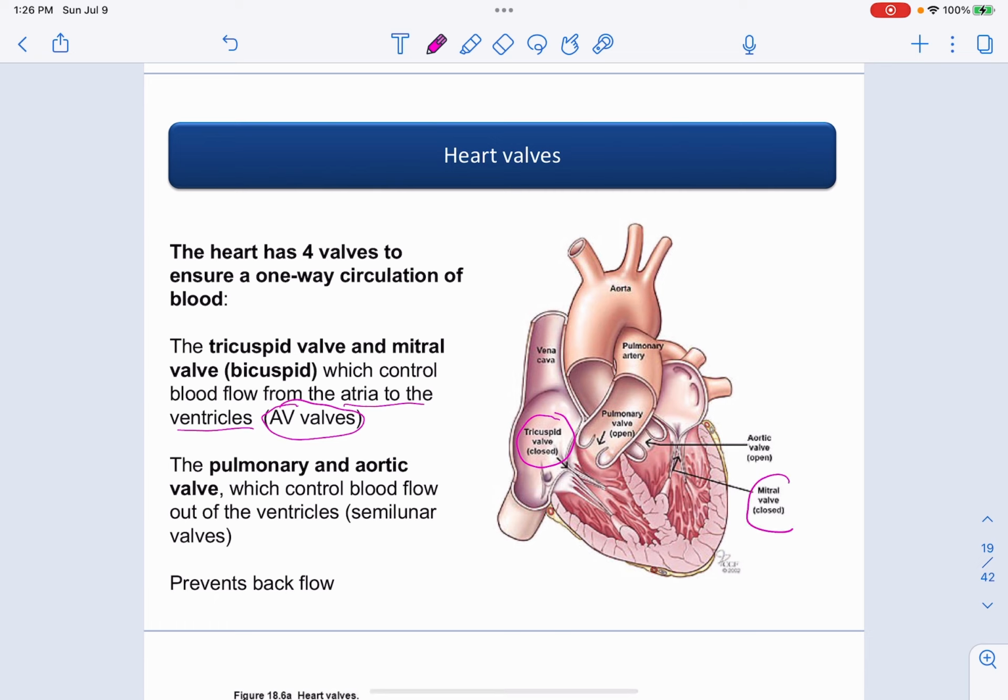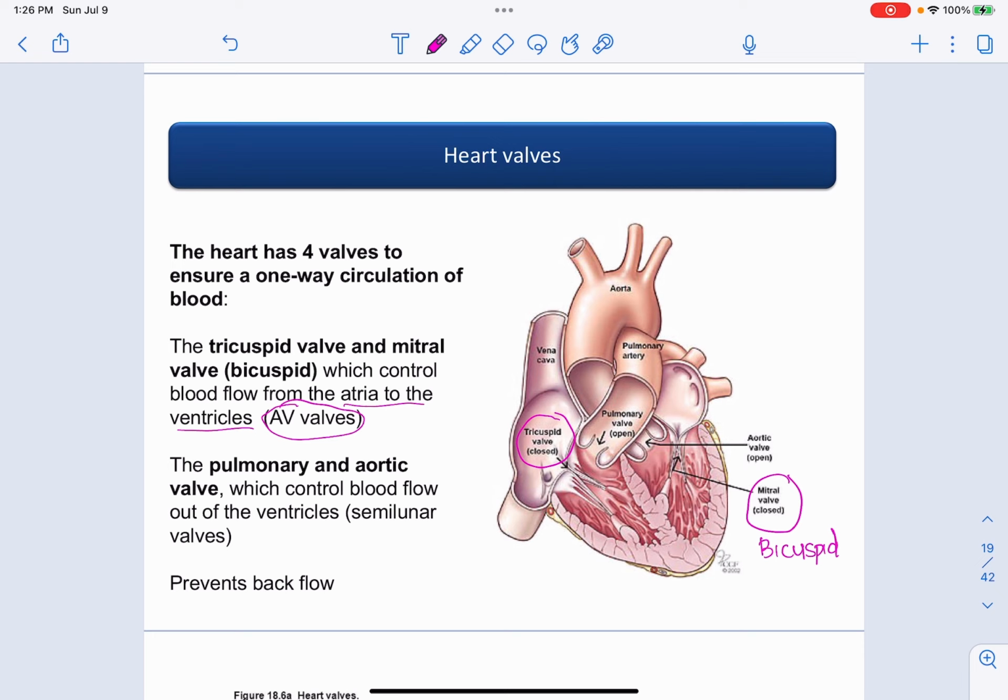All right. Unfortunately, the bicuspid valve also has another term that's used more often in the clinic, and it's called the mitral valve. So this is also called the bicuspid valve. Most clinicians call it the mitral valve.